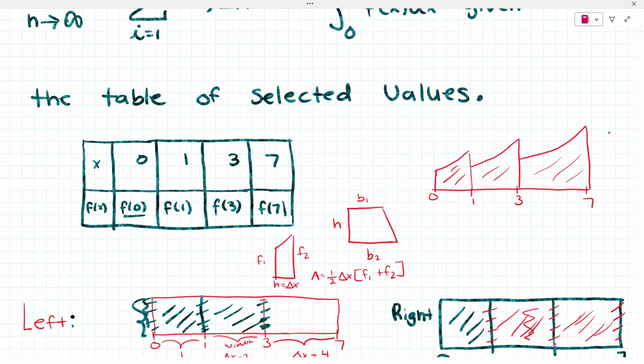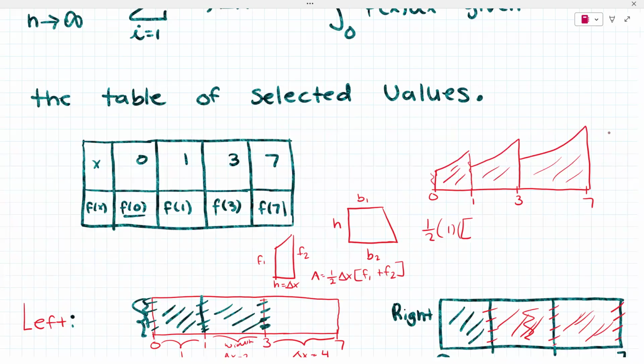So if you look at the first one, it's going to be 1/2, and the height is 1. Or, so your delta x, if I use this formula, our delta x from 0 to 1 is 1, times these two heights.